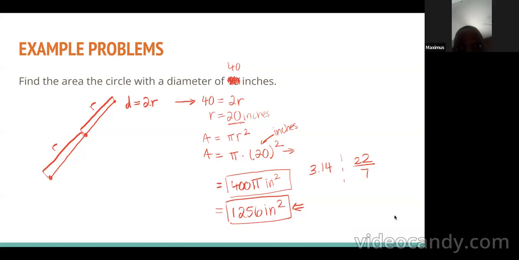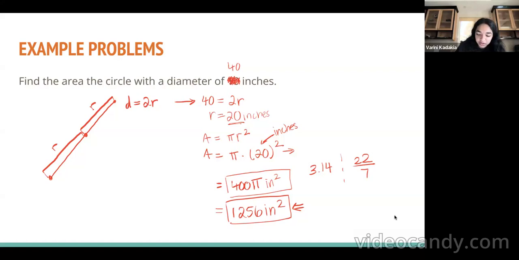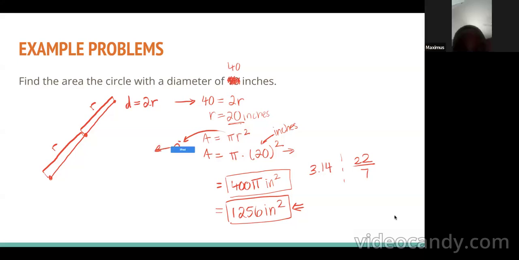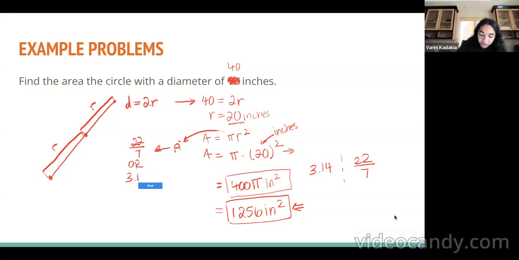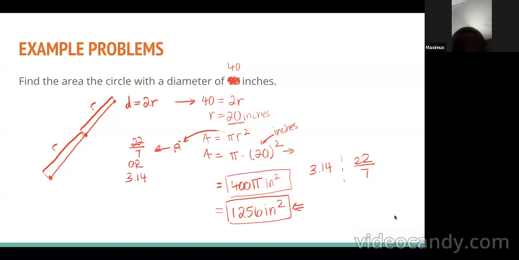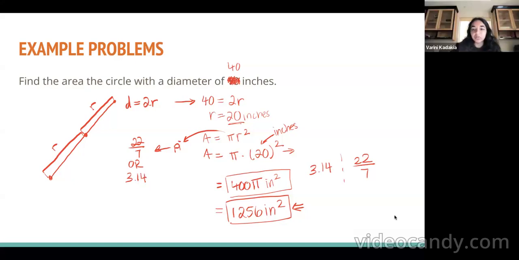Yes? Okay. So this is not a double T. This is something called pi. Pi is used as a constant and it represents 22/7, or you can use 3.14. Either one works. Then you multiply it by the radius squared. You plug in what you got for r and square it.